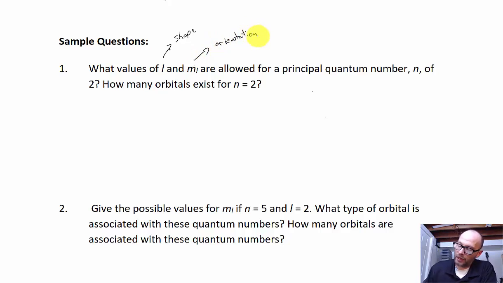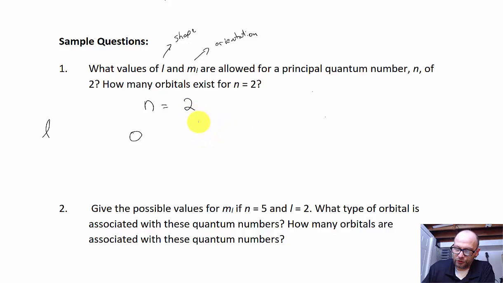So what are the values allowed for a principal quantum number of 2? Well, let's look at that. If n equals 2, I have my L values, and the L values that I have start at 0 and keep going up until I get to n minus 1.